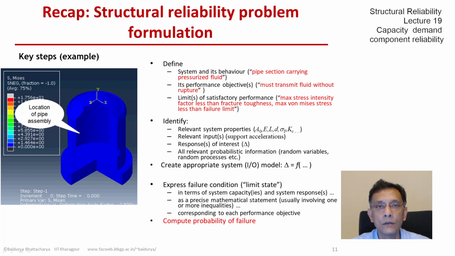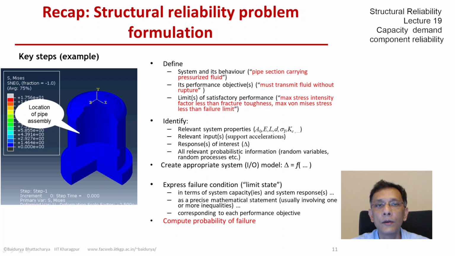So the base load due to seismic excitations transmits to the internal structures, one example of which is the pipe assembly that we were talking about, and the pipe section, and then we do the analysis. So for all such situations, we start with a well-defined system.